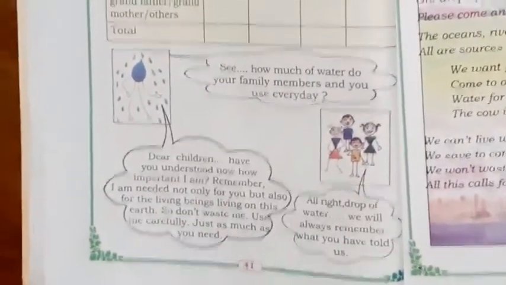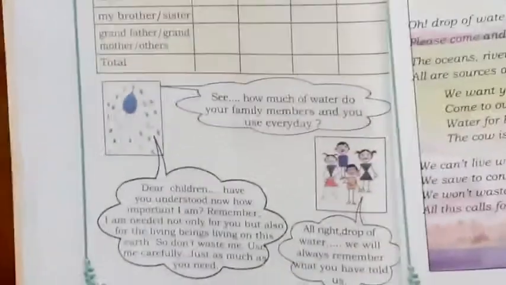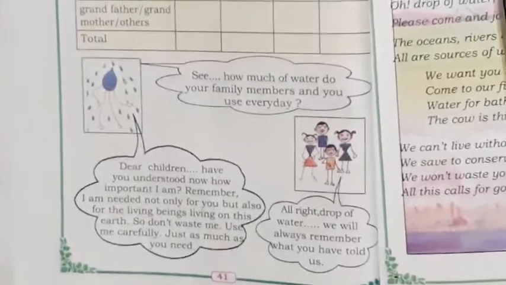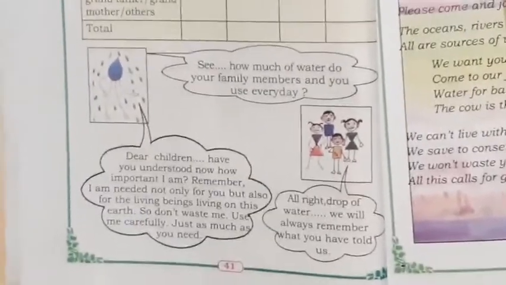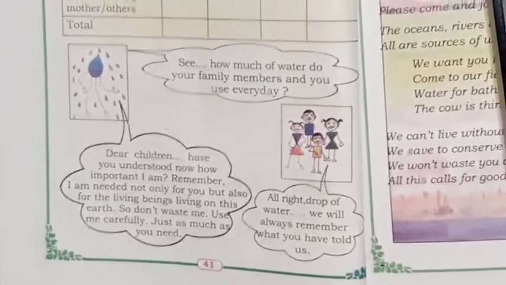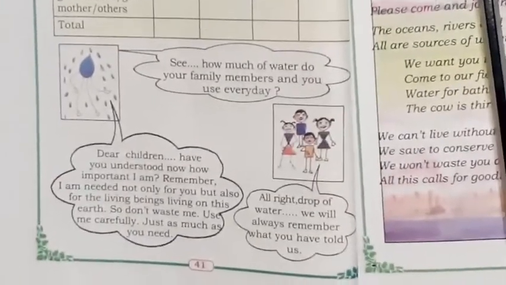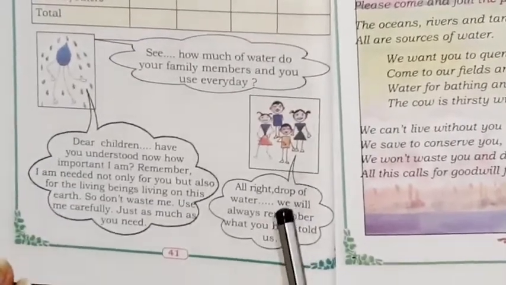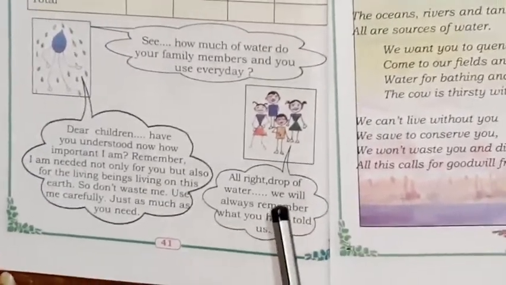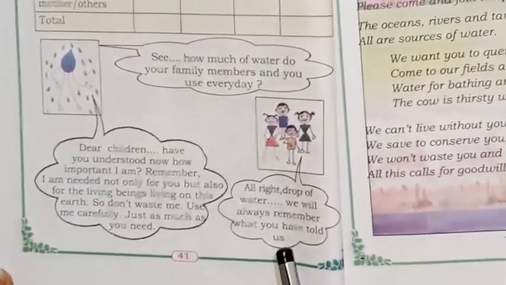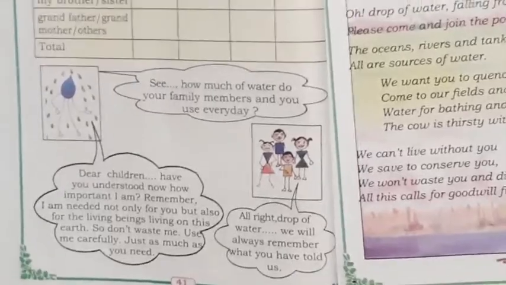Now, what the drop is telling, children, is that water is very important, not only for us but for all the living beings on the earth. How much we need, we should use that much only, children. So now the children are telling the drop of water, we will always remember what you have told us. Now, children, go to the next page, 42.